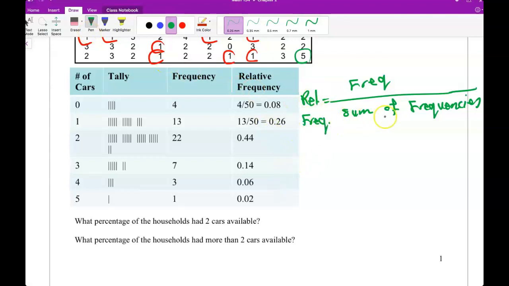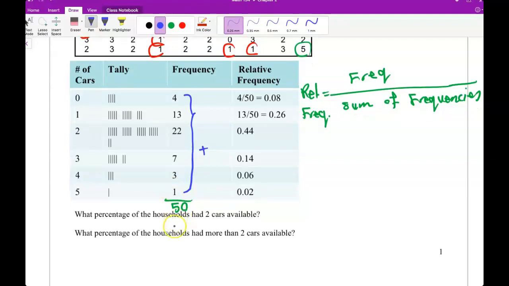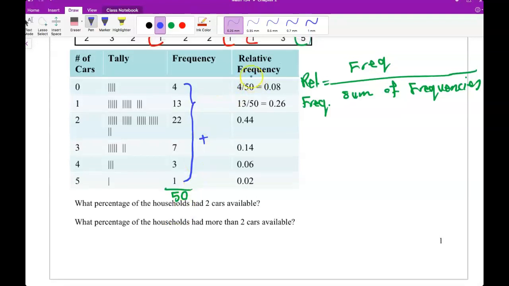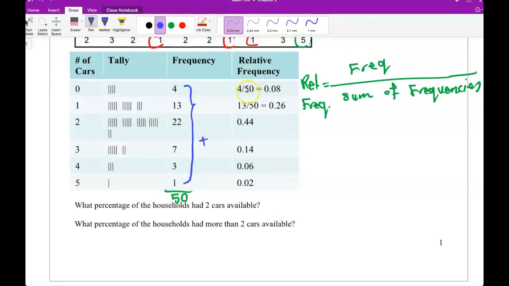Since the denominator is 50, that means we have 50 in total. If we add these numbers, the total is 50. We covered this in the previous section. So each one divided by 50 is the answer for relative frequency.